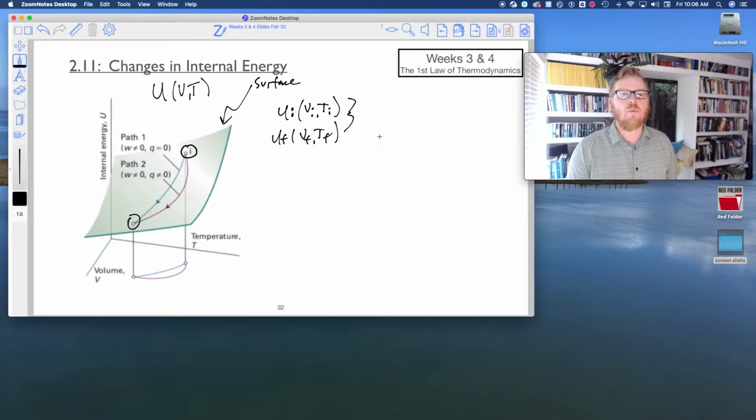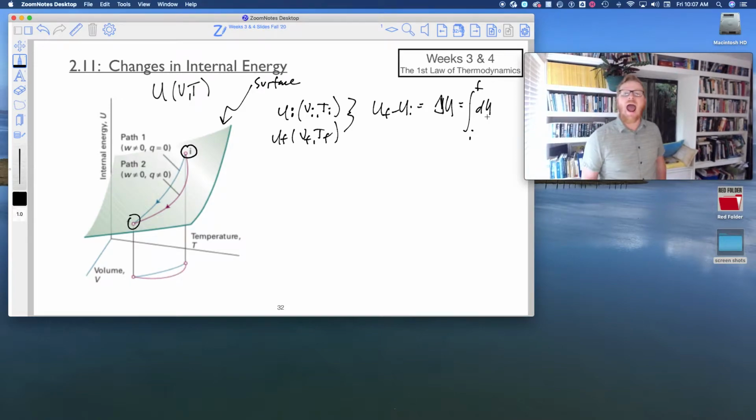Okay, and we know because U is a state function, when we take Uf minus Ui, this gives us delta U. But we also know, because it's a state function, that if I integrate along that path from I to f, I'm still going to get the same result. Okay? So now, what if we look at the path?